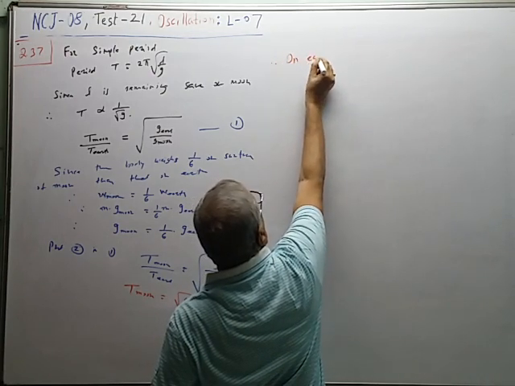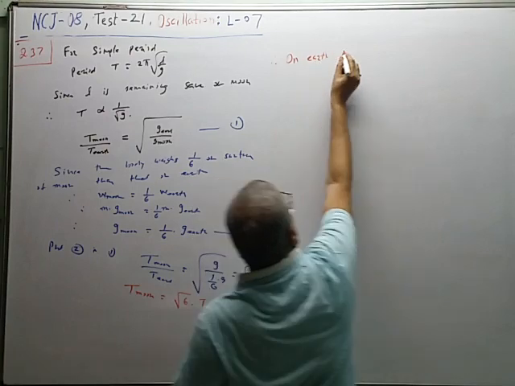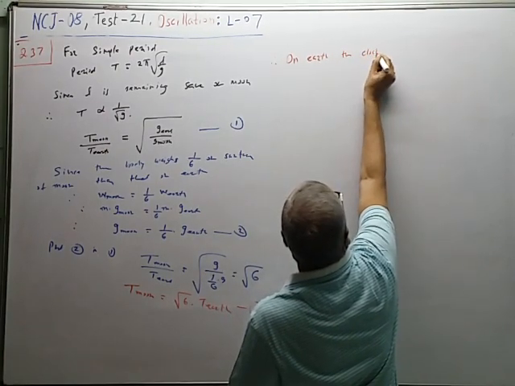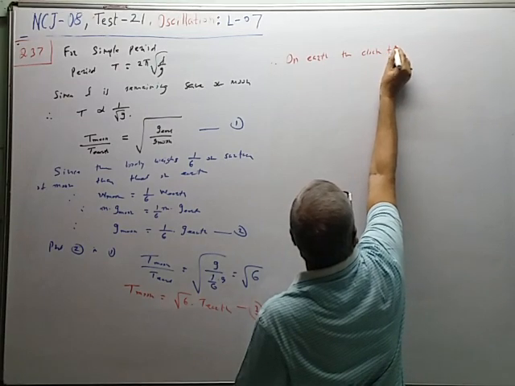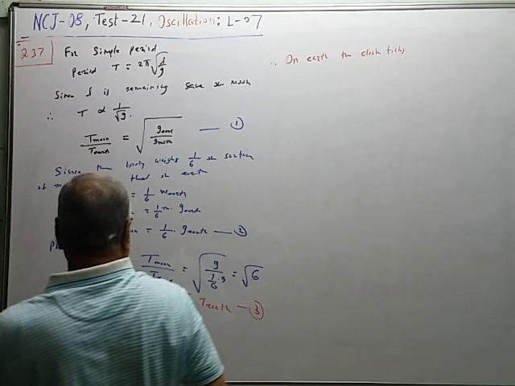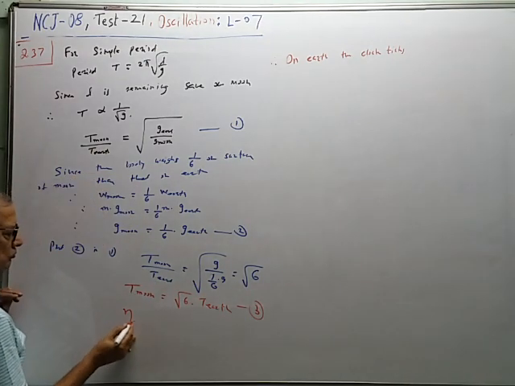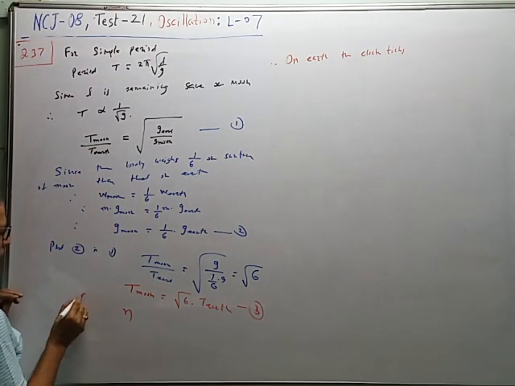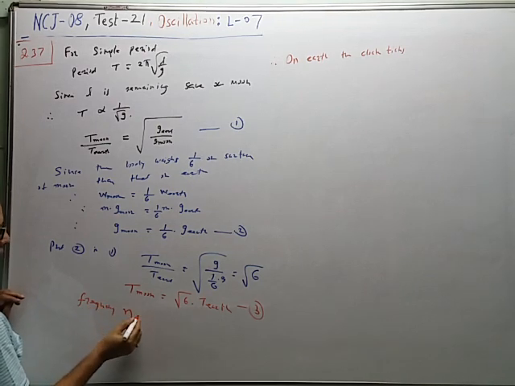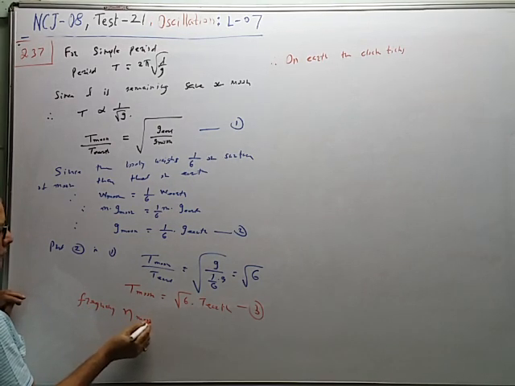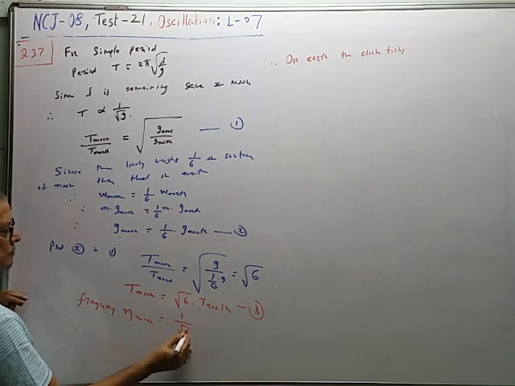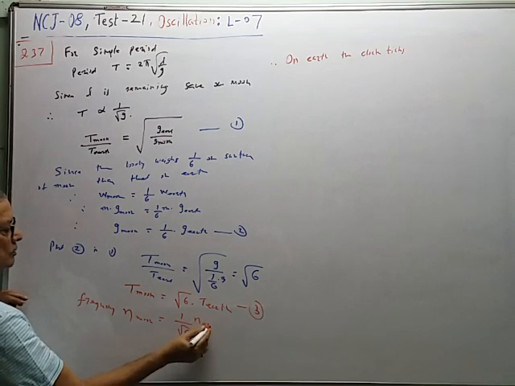On earth the clock ticks. आपल्याला फ्रिक्वेन्सी भेटेल. फ्रिक्वेन्सी n on moon is equal to 1 upon root 6 times frequency on earth.